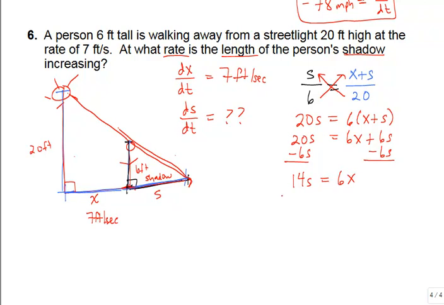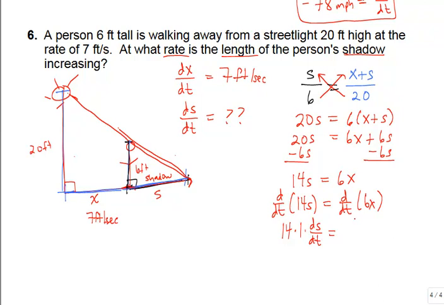So at this point, I would go ahead and take my derivative with respect to t of the left side and the right side. Now, we're taking the derivative of an s and an x, not a t, so you need to use the chain rule. The 14 is just a constant multiplier, so it will stay there, and the derivative of s with respect to t wants to be a 1, but we have to multiply that by ds dt.